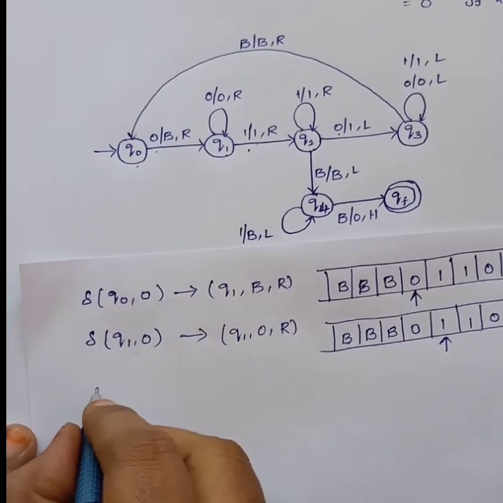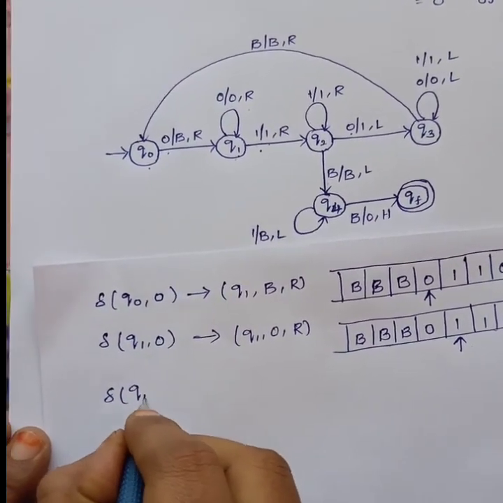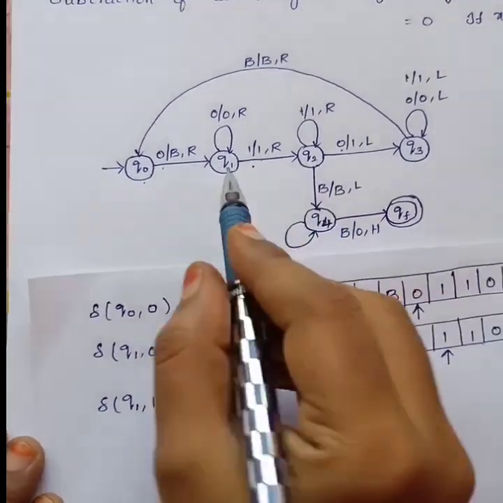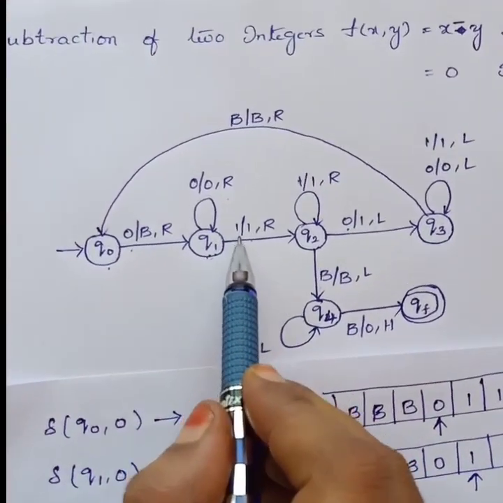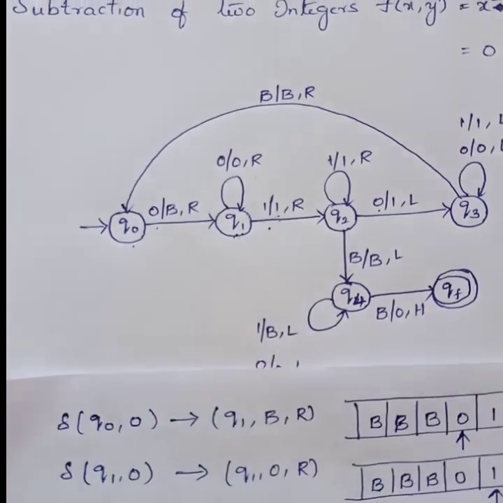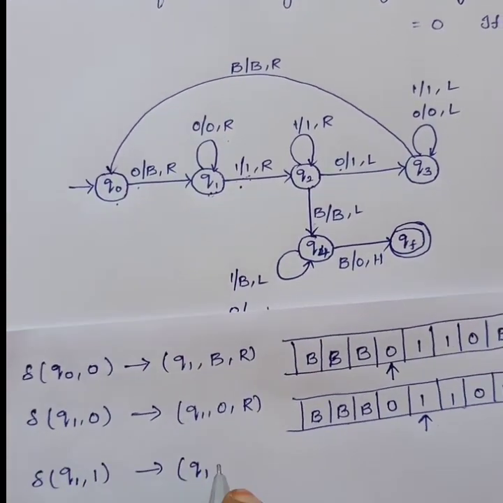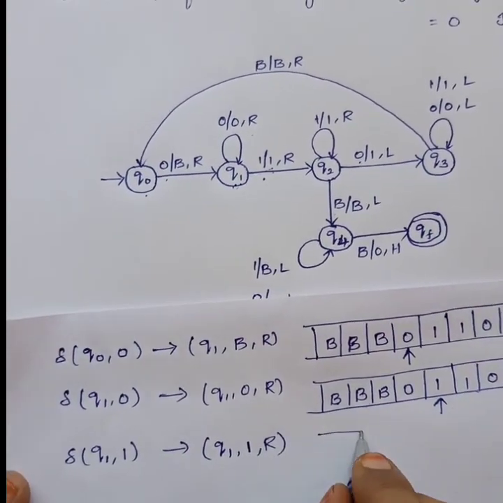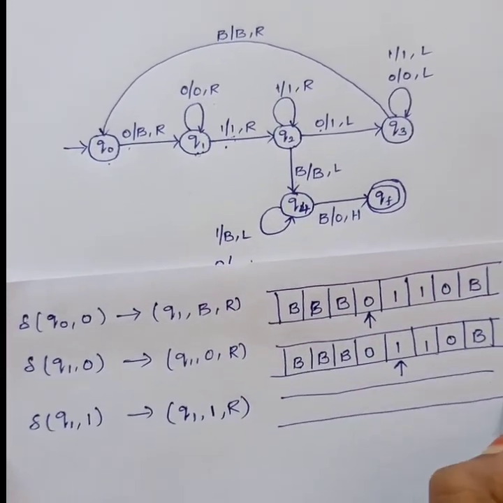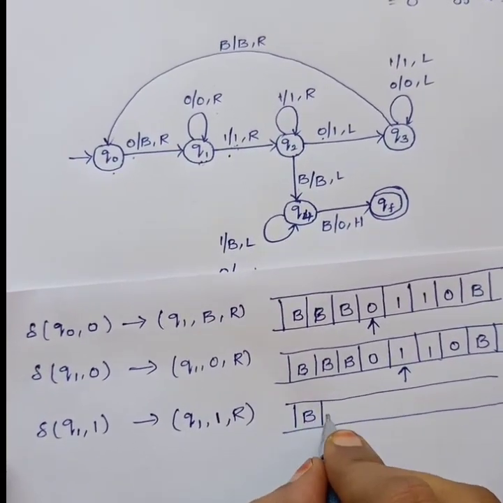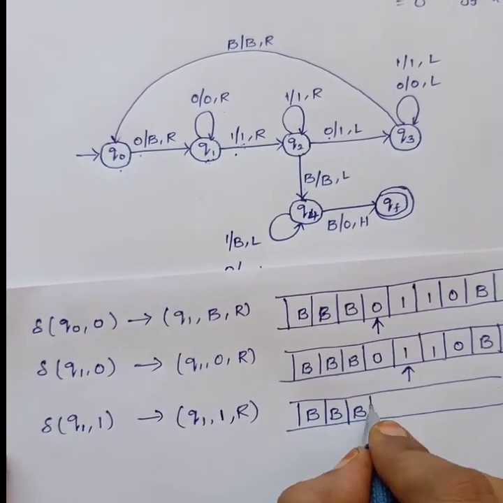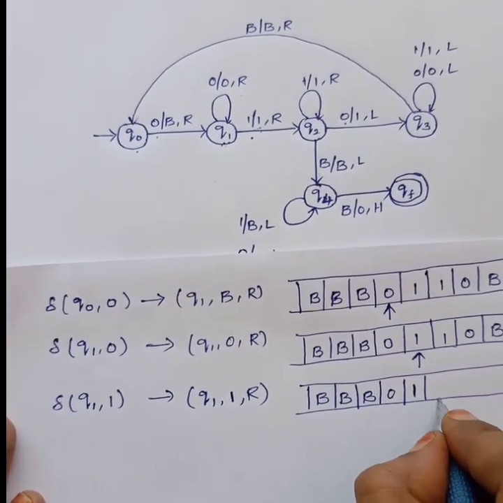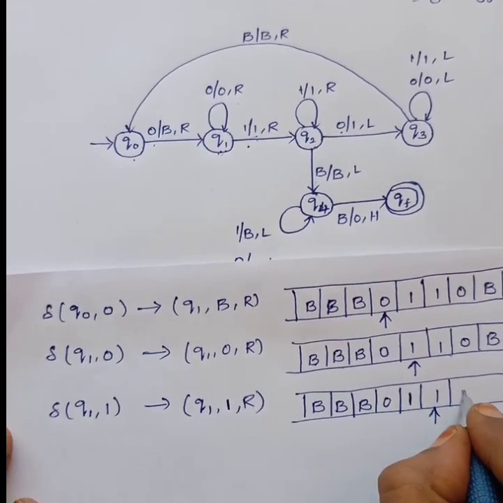Next, delta of, in Q1 state, what is the input now? 1. Derives. So in Q1 state, if I get 1, 1 is rewritten as 1 and moving to right. Now the input tape becomes B, B, B, 0, 1 is rewritten as 1 and moving to right.